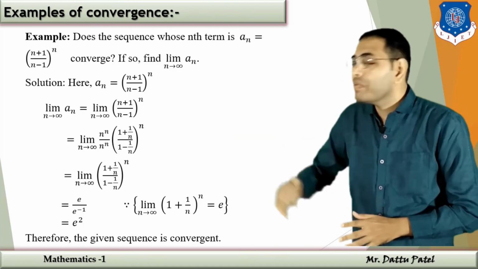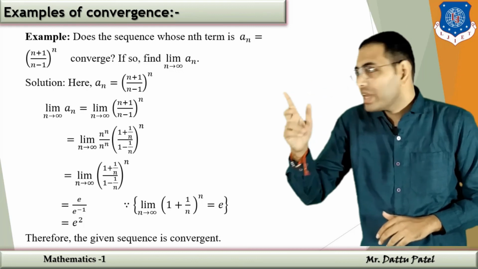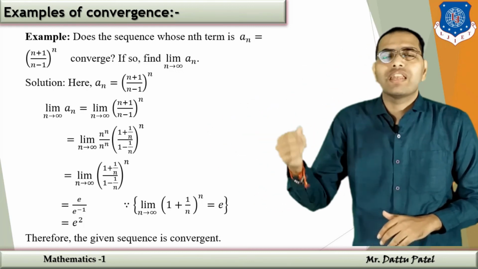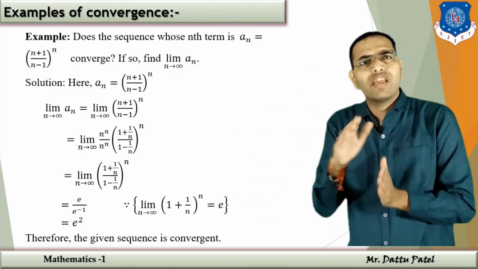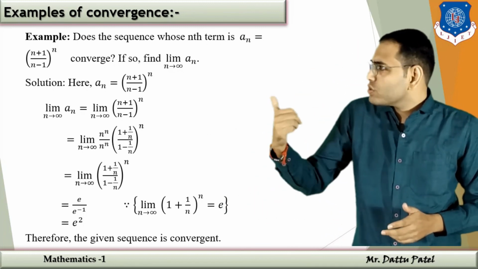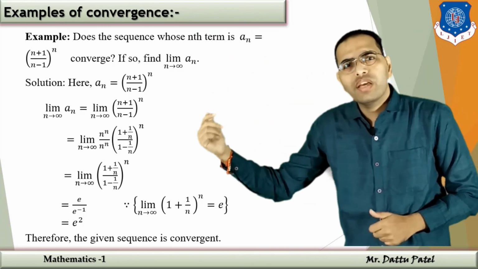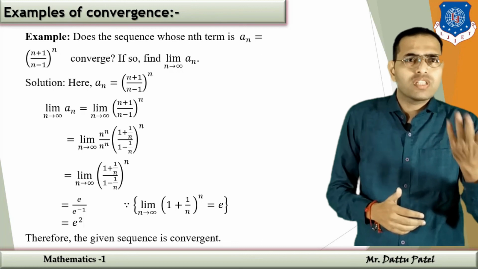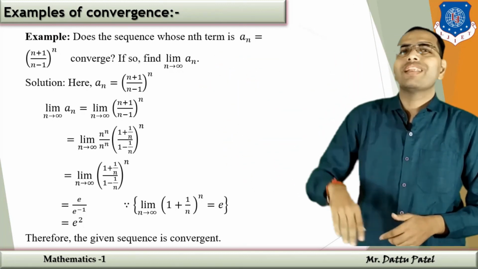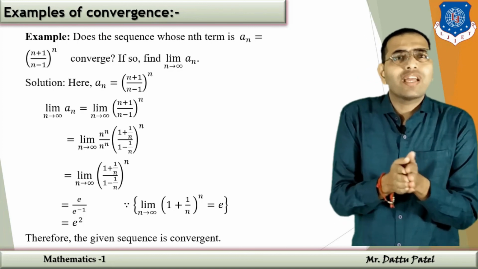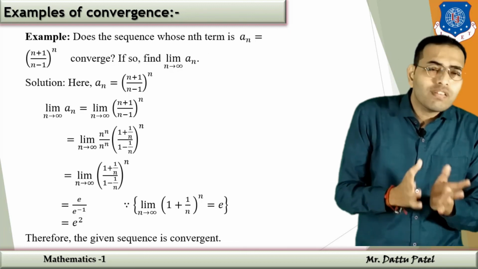According to the standard limit, limit n tends to infinity (1 plus 1 upon n) raised to n equals e, and similarly, replacing the positive sign with the negative sign, limit n tends to infinity (1 minus 1 upon n) raised to n is 1 upon e. Then we substitute these values, we get e upon e raised to minus 1, and simplifying that term, we get e square, which is our finite answer. Then we can say that the given sequence is convergent.